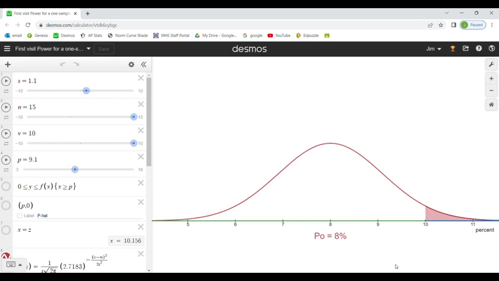All right, so I made up this Desmos file in an attempt to simplify things so that you could visualize what power is. I set this up looking at the example we just did with potato chips and the blemish rate for the potatoes coming into the factory that we're going to use to make potato chips.